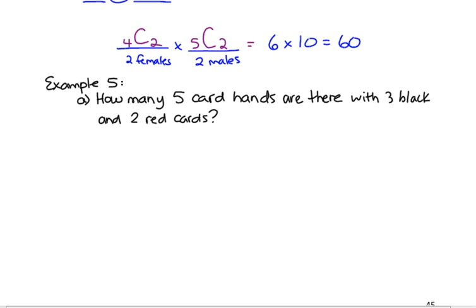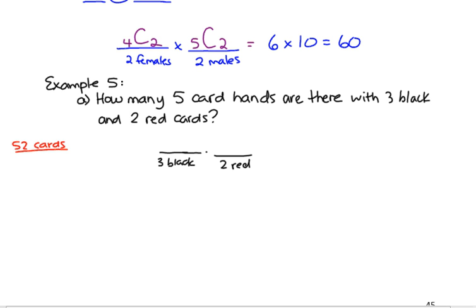So we want 3 black and 2 red. In a deck of cards, there are 52 cards, right? How many red, and how many black?